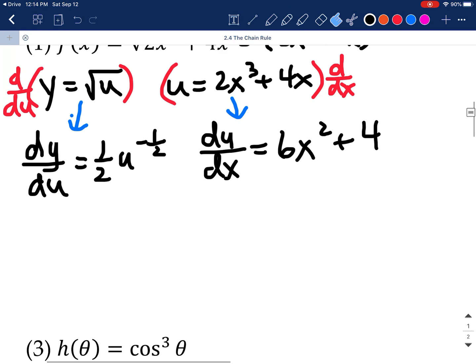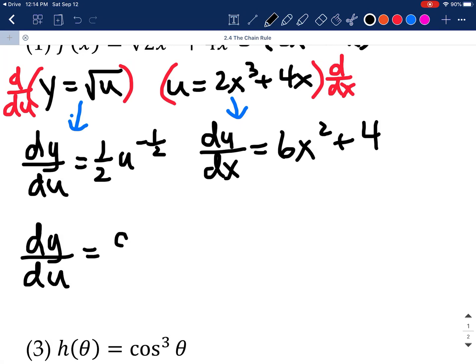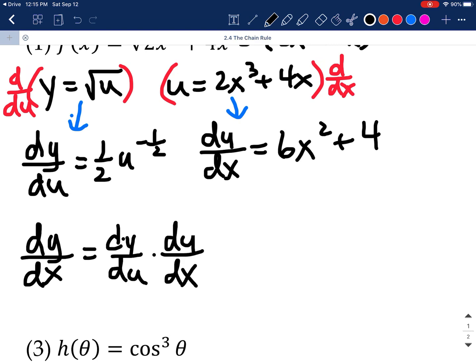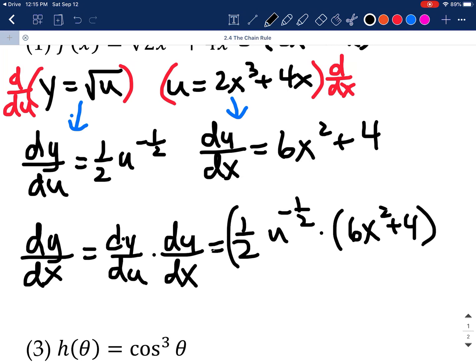using the power rule. And then I'm just going to combine those. So dy dx, my true derivative, is equal to dy du times du dx, which is going to be 1/2 u to the negative 1/2 times 6x squared plus 4.